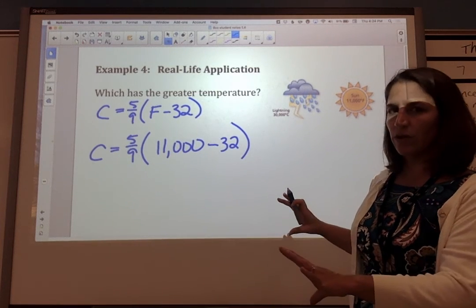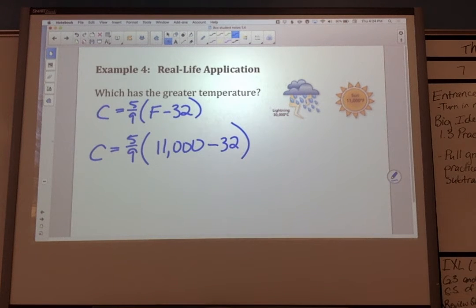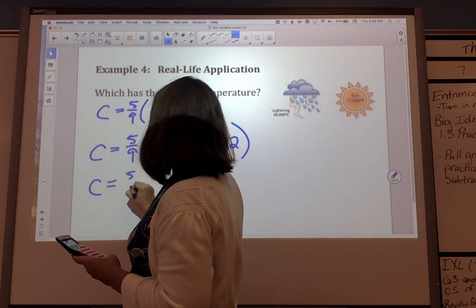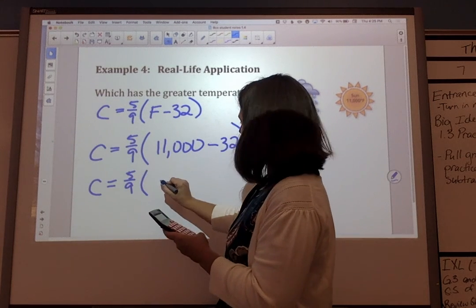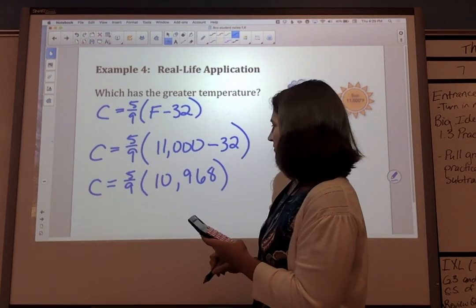Go ahead and see if you can work out the calculations. I'm going to grab my calculator. So this is C equals 5/9 times 10,968.